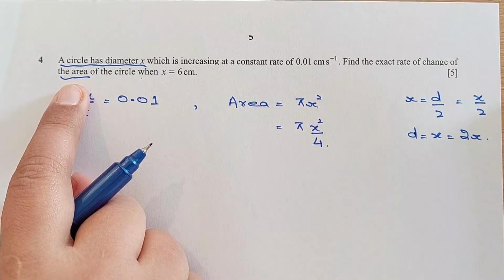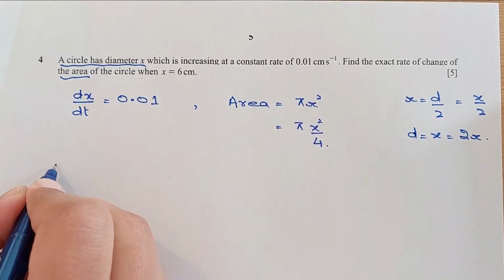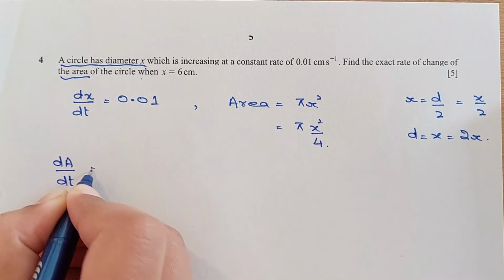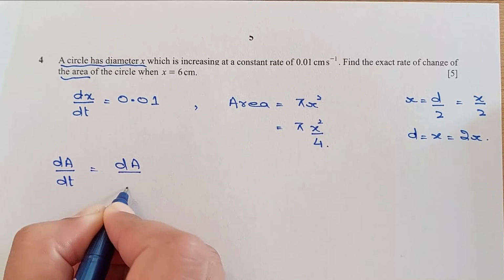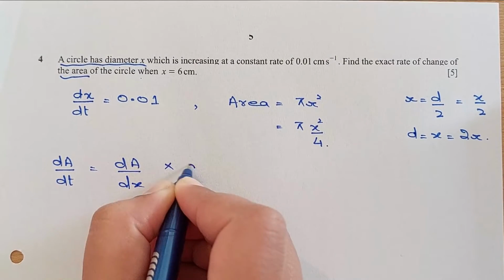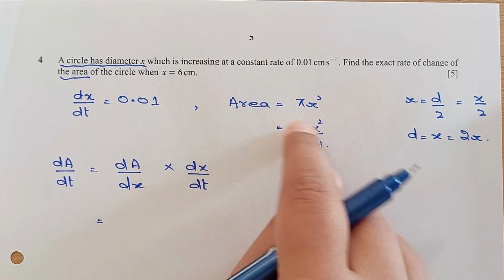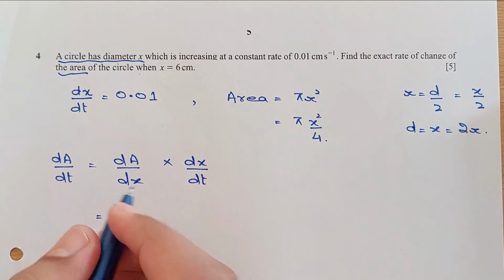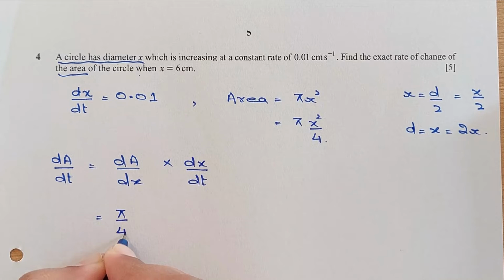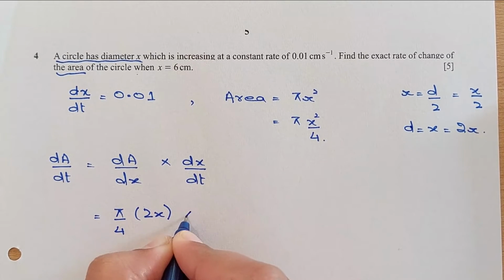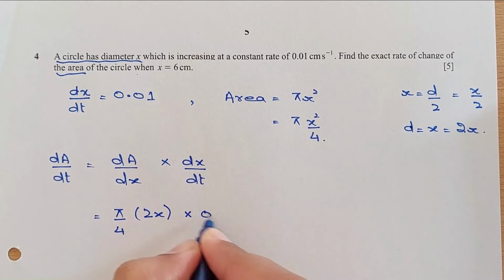Now we have to differentiate to find the rate of change of area. So we can say dA over dt we have to find. This is dA over dx times dx over dt, right? Now area derivative with respect to x, we can say that pi by 4 is a constant term, and x square derivative is 2x, times dx over dt which is 0.01.